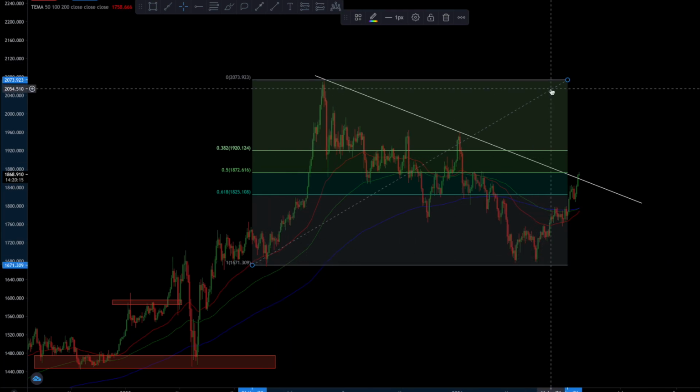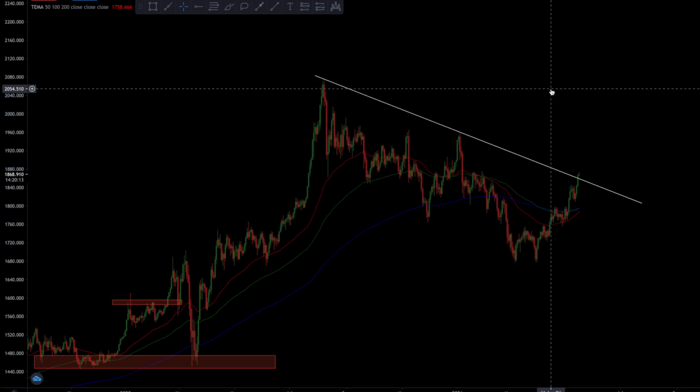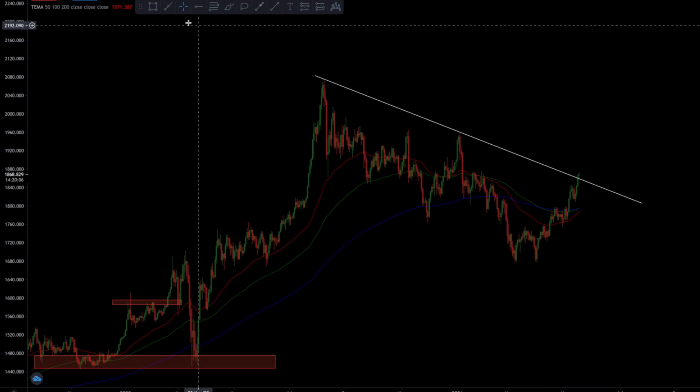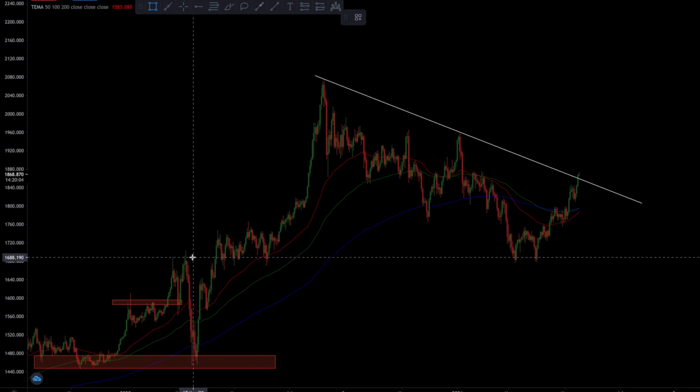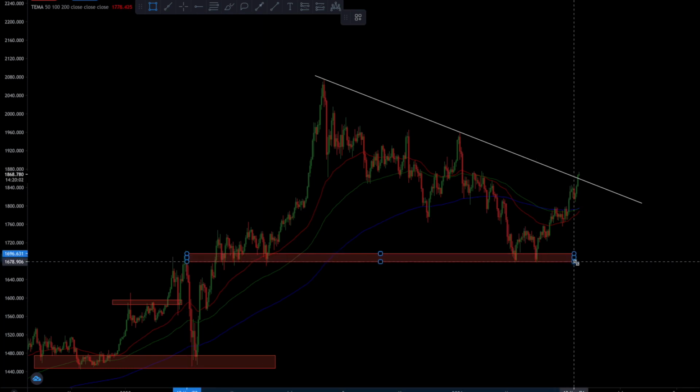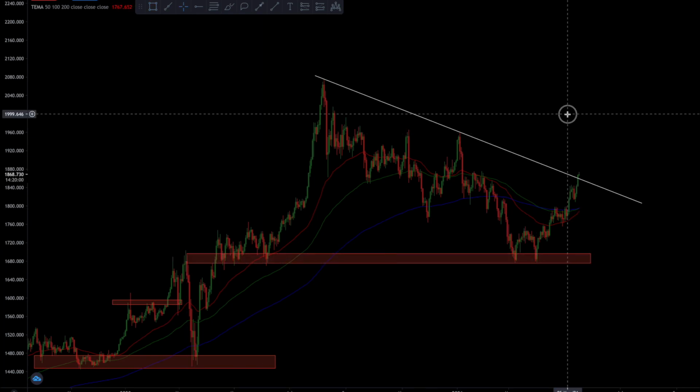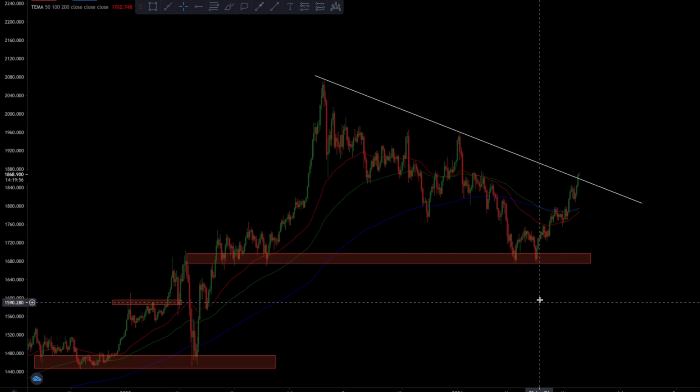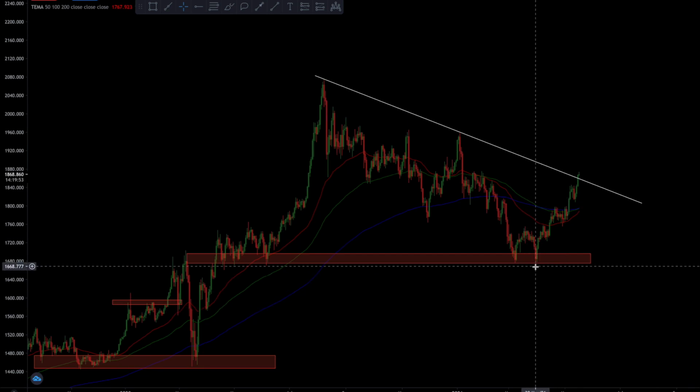So in such a case, that is the level 3 pullback, the most important thing to look for is support and resistance. In this case, this was our support level, and then the next thing to look for is a moving average, like if there is a moving average which the price is respecting, and the other thing is using the candlestick patterns.